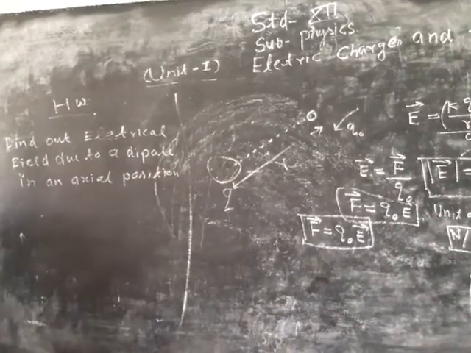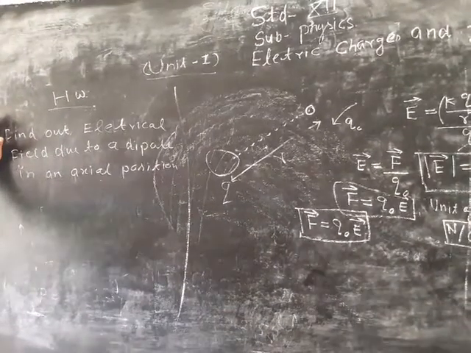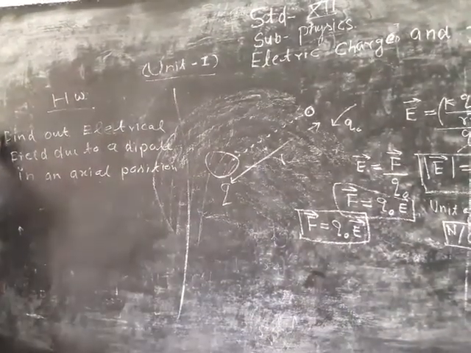The first derivation of the homework is to find out the electric field due to a dipole in an axial position. And another question is to find out the electric field due to a dipole in an equatorial position.